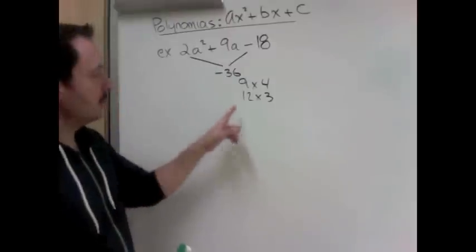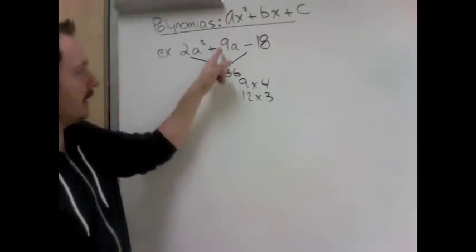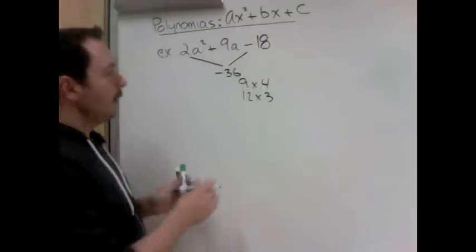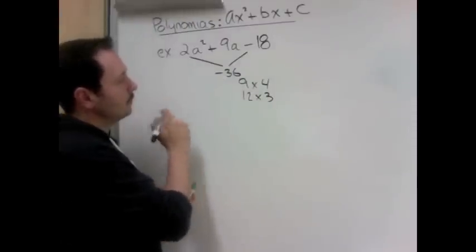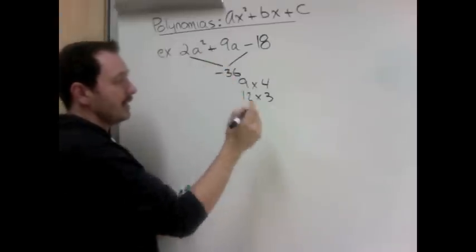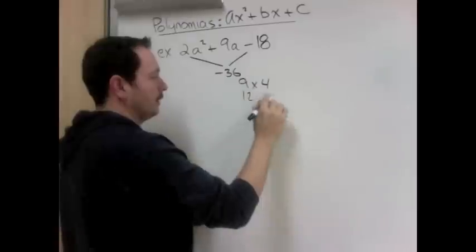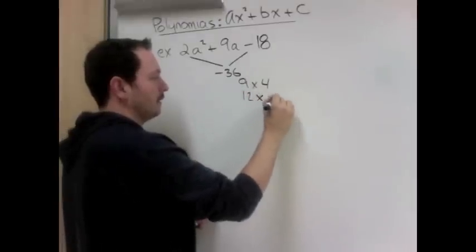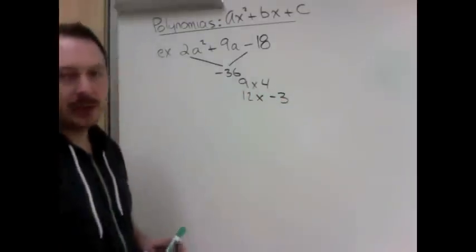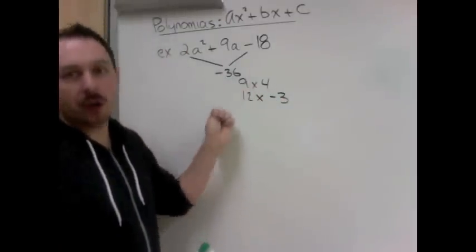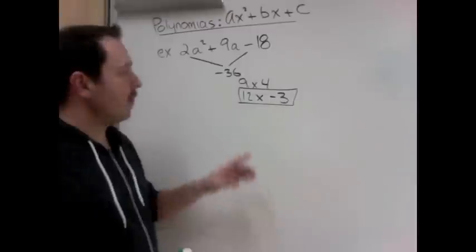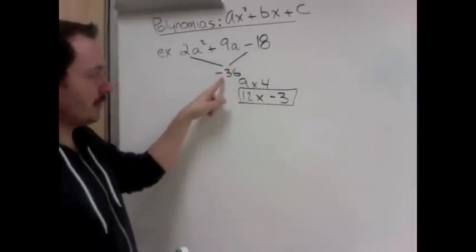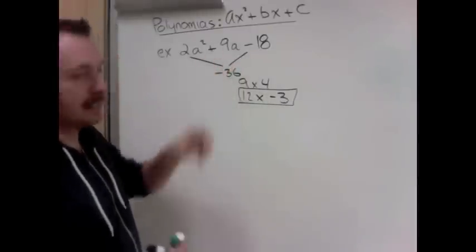And when I do this, 12 and 3 look like they're going to be close to 9. So now it's negative 36, and I want plus 9, so I want plus 12 minus 3. So you really don't have to search all of the times tables. You just need to find the two that multiply to negative 36 and add to 9.